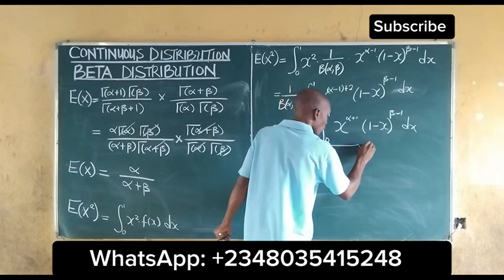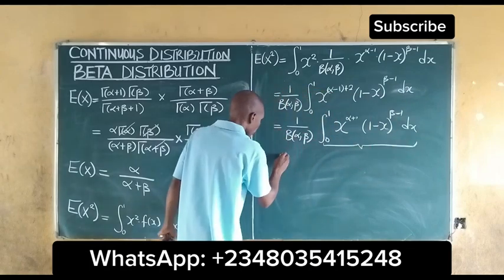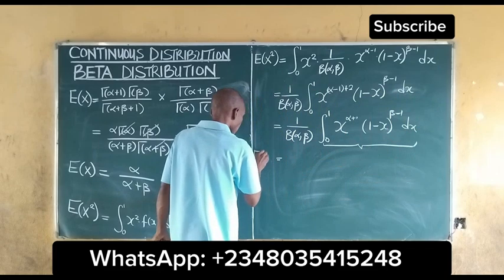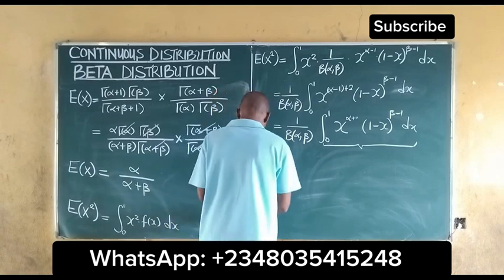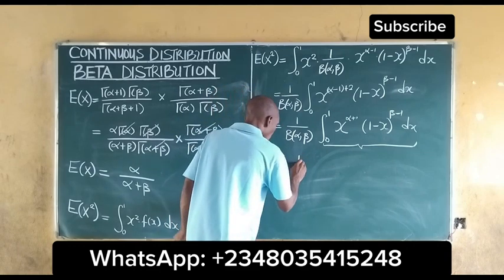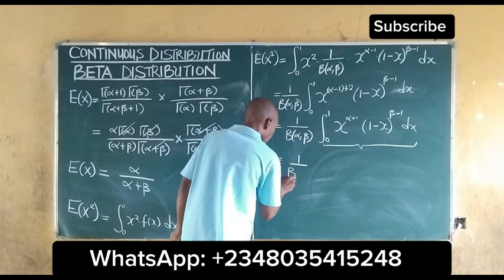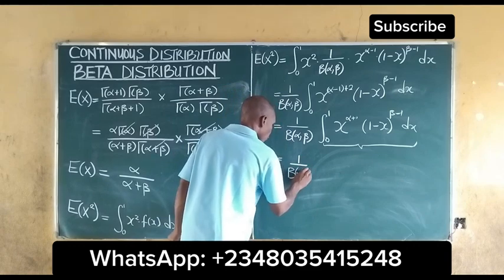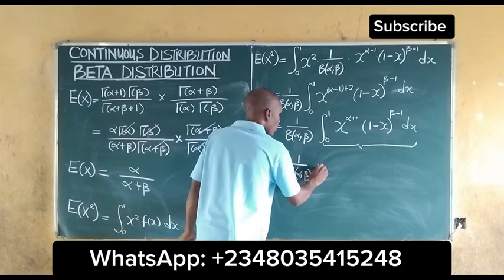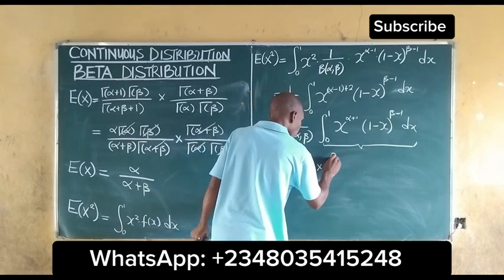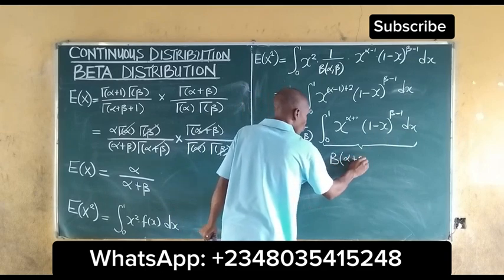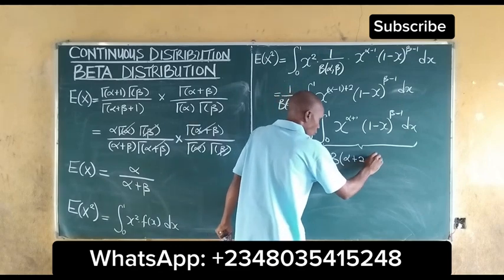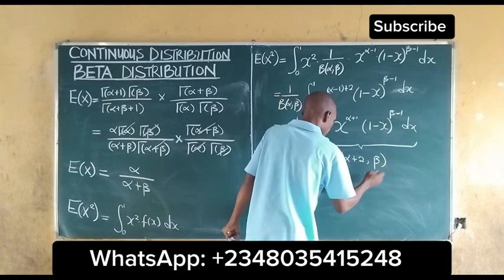This function implies our expected value of x squared is equal to 1 all over the beta function, multiplied by, the whole of this function will give us our beta function to be B of alpha plus 2, beta.